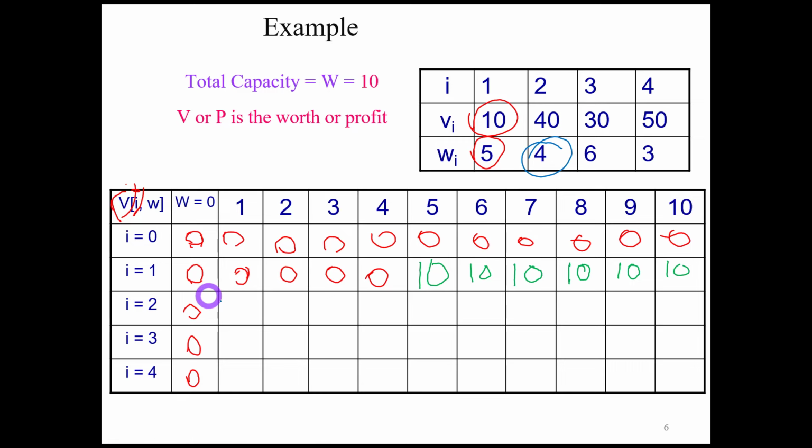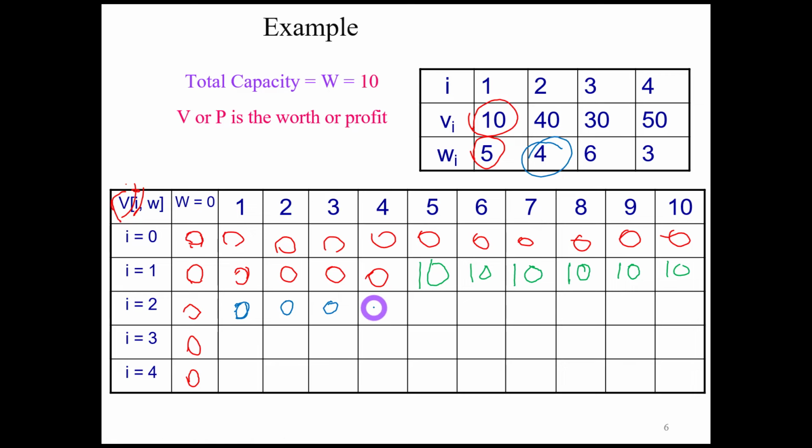That means you cannot put it here, right? You cannot put item number 2 here because the allowed capacity is 1. So I will write 0 here. This is the base case that we just talked about. Then if the capacity is 2, I cannot keep item number 2 because the minimum capacity is 4, so it will be filled here. 3 will also be 0.